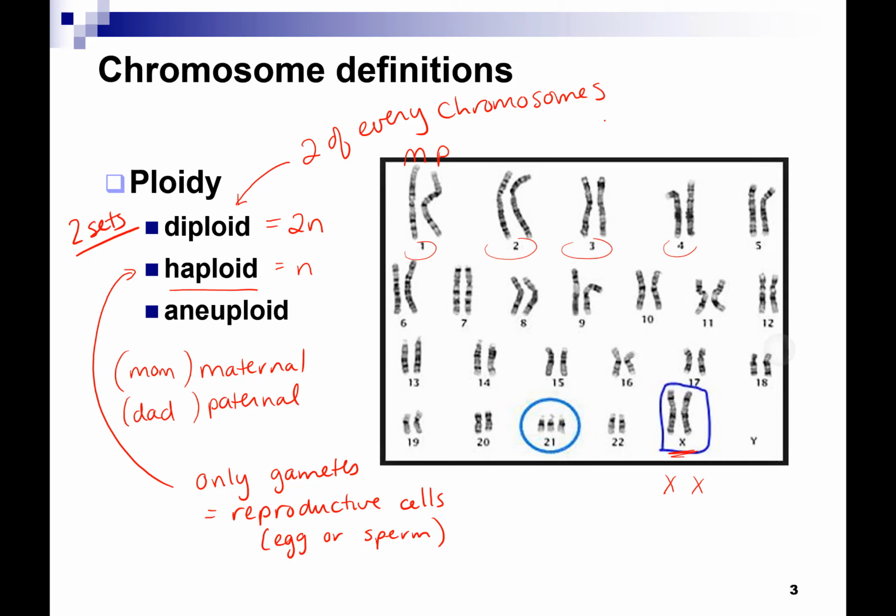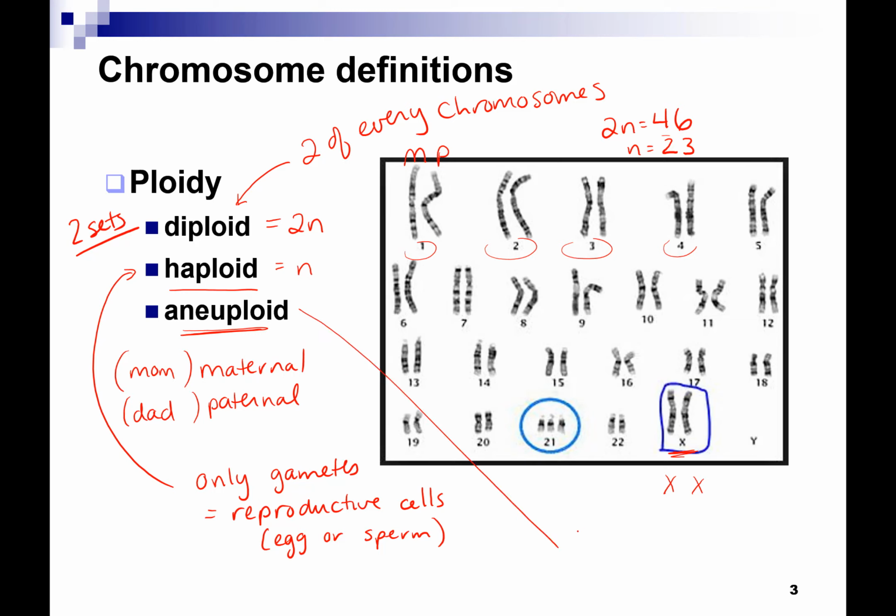So the diploid number for humans is 46. 2n equals 46. So haploid is 23. So you just take 46 divided by 2. If you have any kind of deviation from this 46 chromosomes, you're called aneuploid.